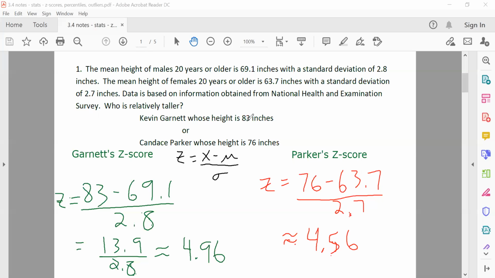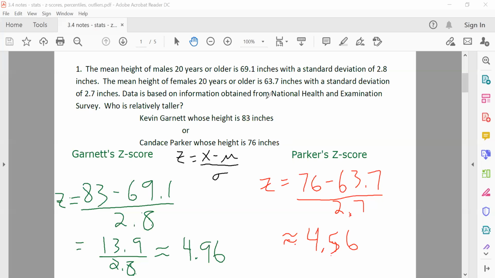Now, if somehow you gave me a man who is 80 inches tall, then you might be interested in that. You could say an 80-inch man would still be taller than Candace Parker, but his z-score, I bet, would fall under her z-score, which in that case would mean that she's taller for a woman than that person is taller for a man. But Kevin Garnett reigns in both categories.